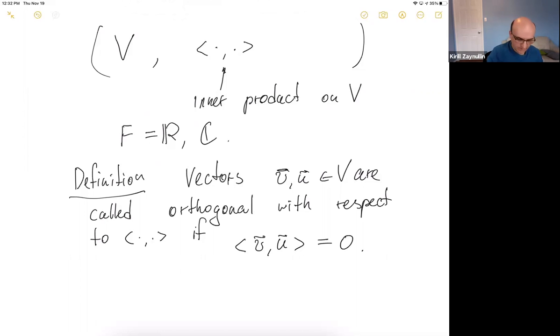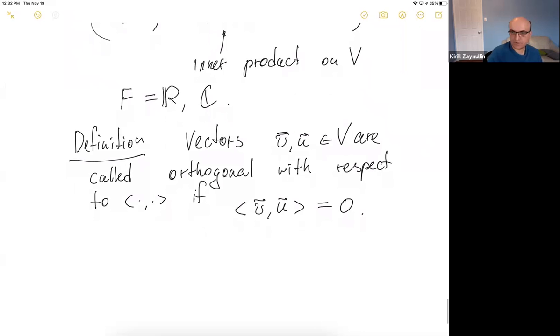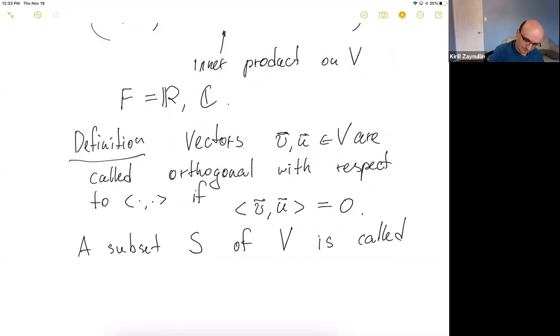Okay, so now the second concept is just an extension of this one. And again, you have seen it before, maybe under a different name or a little bit rephrased in first year linear algebra. So a subset S of the vector space V is called orthogonal if any two distinct vectors are orthogonal.